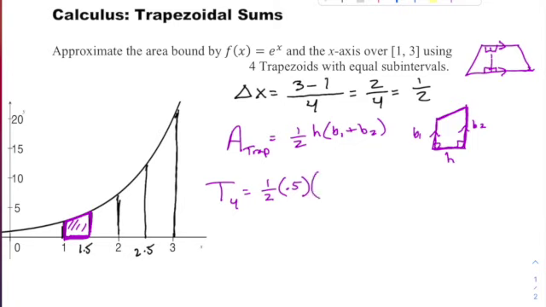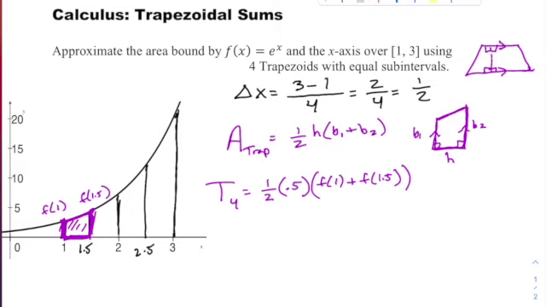Now the sum of the bases is these y values, what we were calling the heights for the rectangles, and that is f of 1 and f of 1.5. So f of 1 plus f of 1.5. That's going to be that first trapezoid.